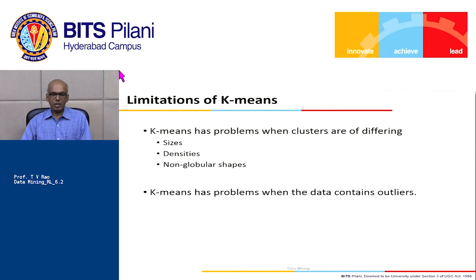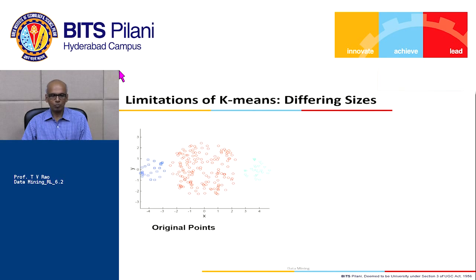And K-means has a problem when we get data with wide-ranging density. That is to say, at some places the density is low and at some places the density is high. And if it has to find clusters of widely varying sizes, then also it is going to create some problem, and it can't handle outliers well.